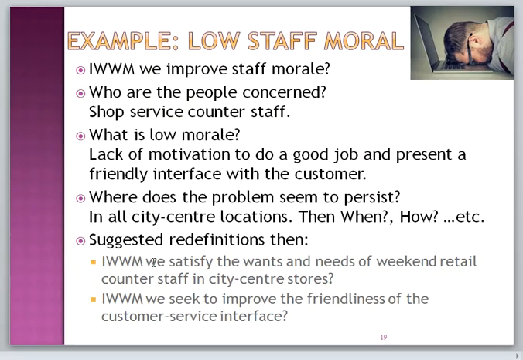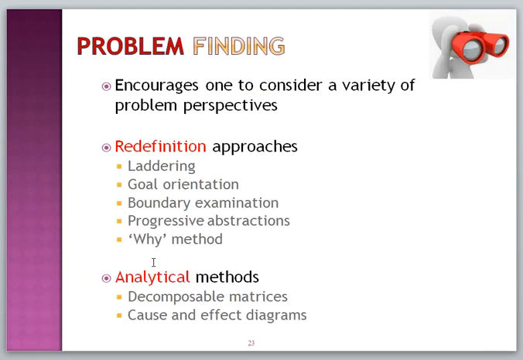In problem finding, we have many tools actually, and they are very close to each other, I mean the first category of them. In problem finding we are talking about considering a variety of problem perspectives. We see how a problem can be seen from different angles or from different perspectives, as it's said here.